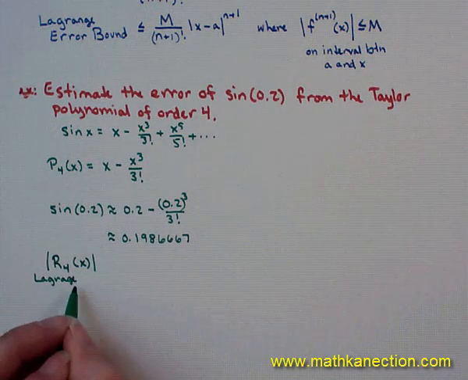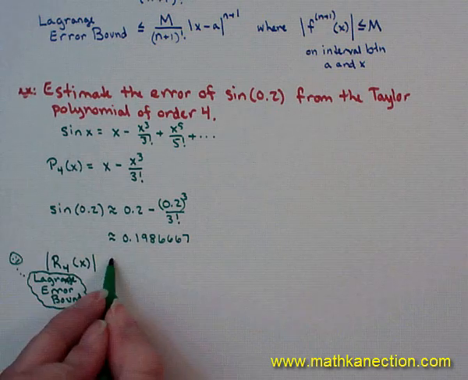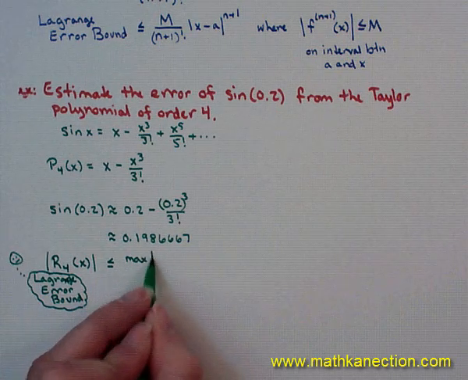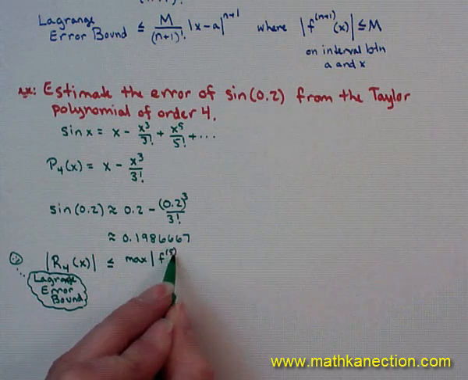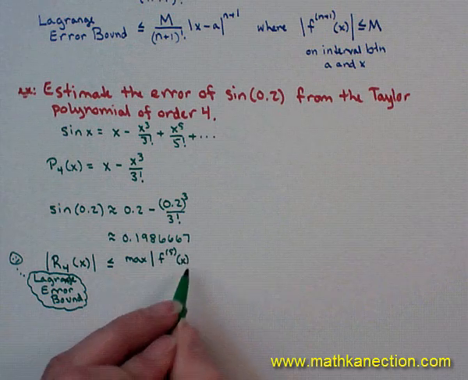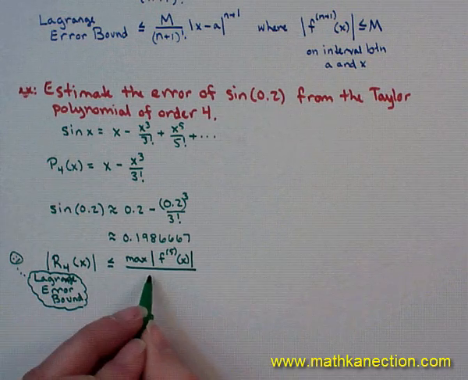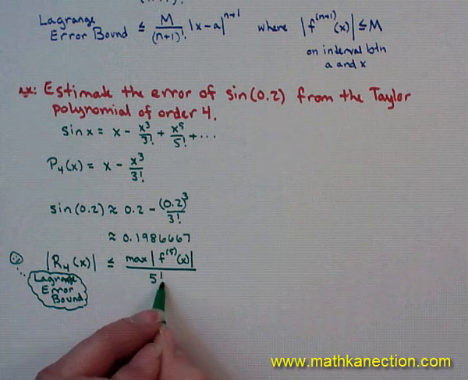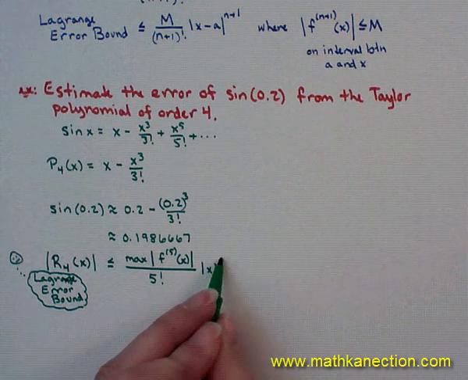So to get the remainder, or the Lagrange error bound, take the absolute value of r4 of x, which is the maximum of the fifth derivative of x over 5 factorial multiplied by x to the fifth.